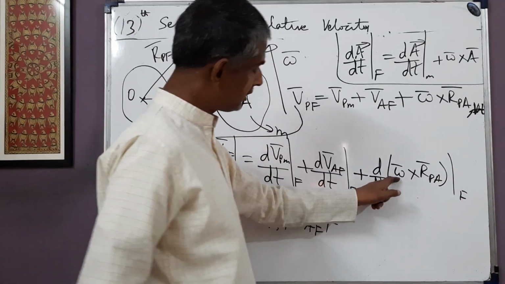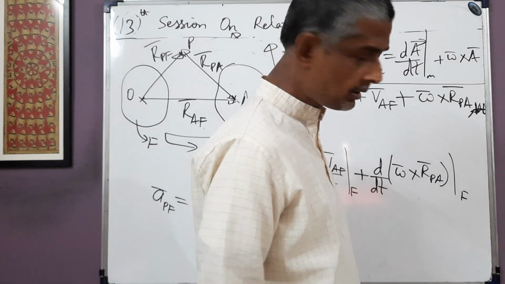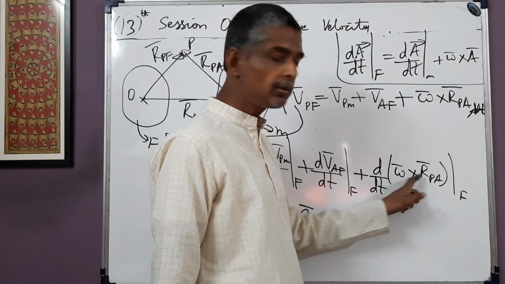And now this term we will derive by using the product rule of calculus, but this is a cross product, so the order of the terms has to be maintained.